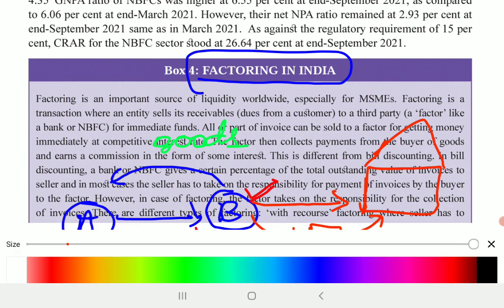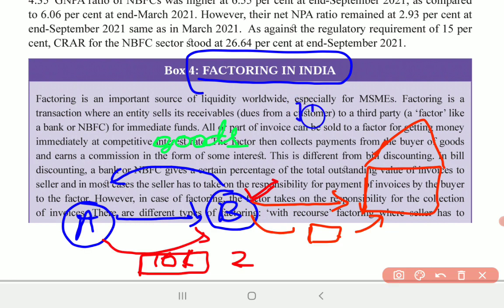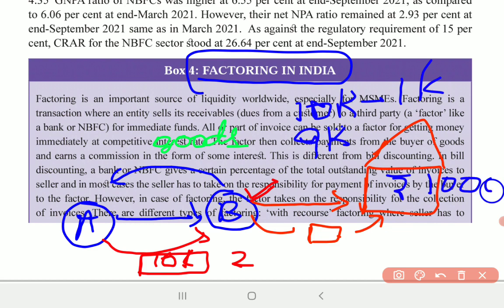What will the bank do? The bank says, I will not be giving the entire 10,000 for you. I will take 1,000 from this bill and I will give you 9,000. So this 1,000 is a commission for the bank. This is a bill of exchange.